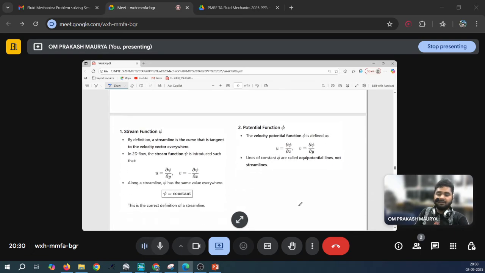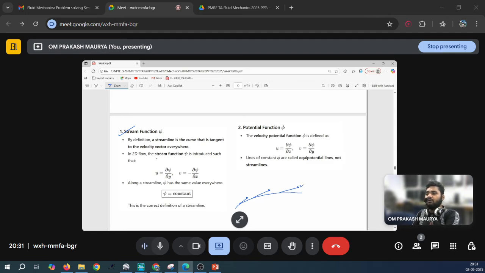Okay, so here I have the explanation. The stream function, as you know, by definition, a streamline is a curve that is tangent to the velocity vector anywhere. Means you have a curve, so if you take a tangent here, you will get the velocity vector, and here also.